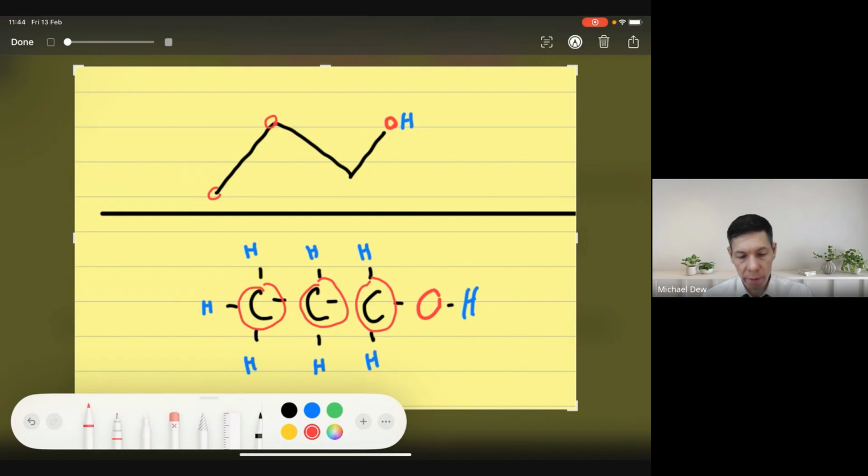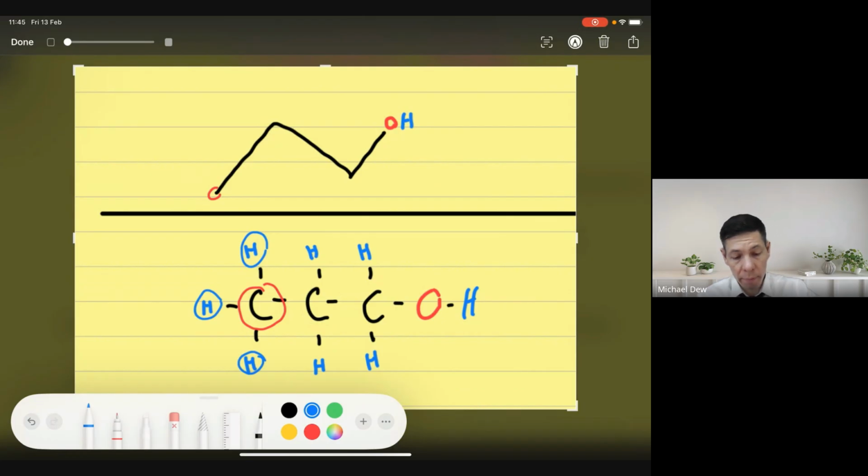1, 2, 3 carbons. And also remember the rule, carbon always has 4 bonds, 4 and no more. So if you're looking at this first carbon here, okay, you can see that we have 3 hydrogens. Okay, so 1, 2, 3 in the chemical display structure.